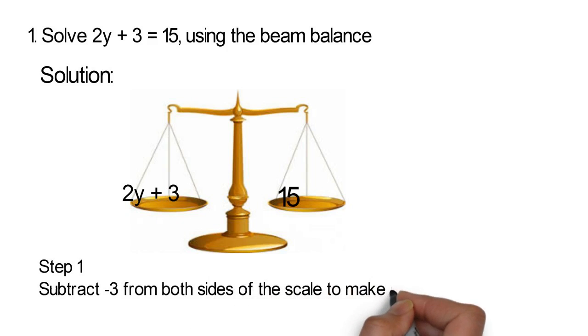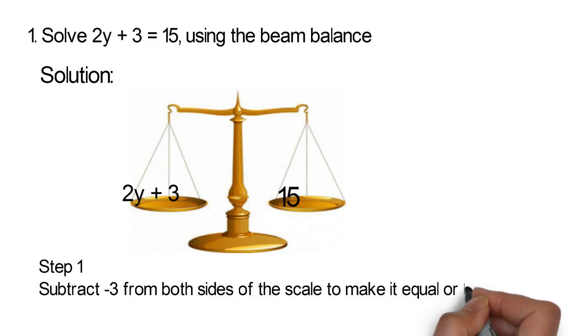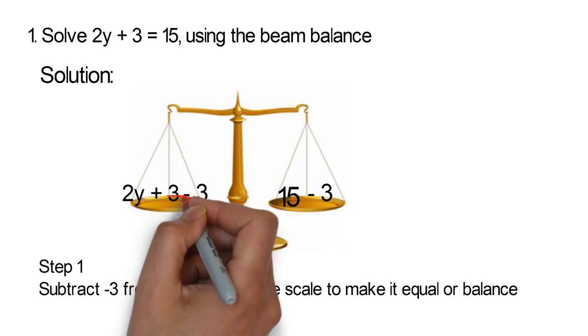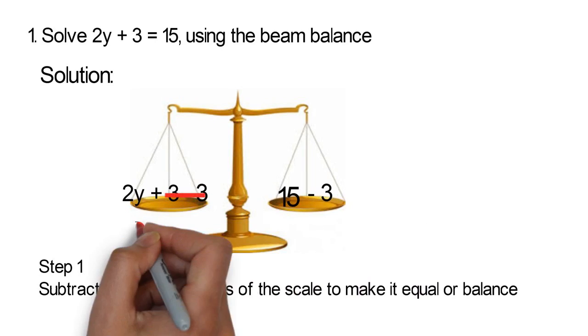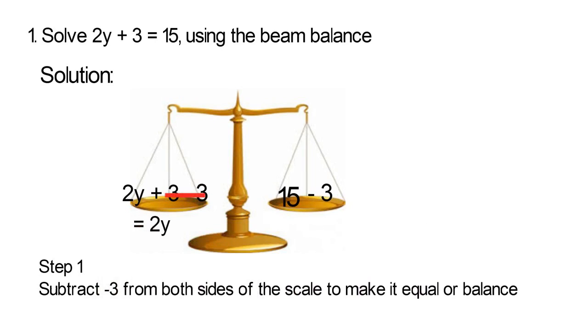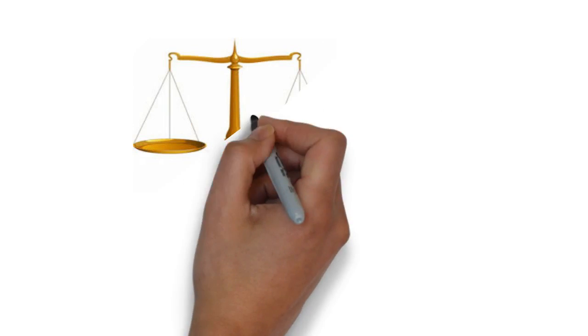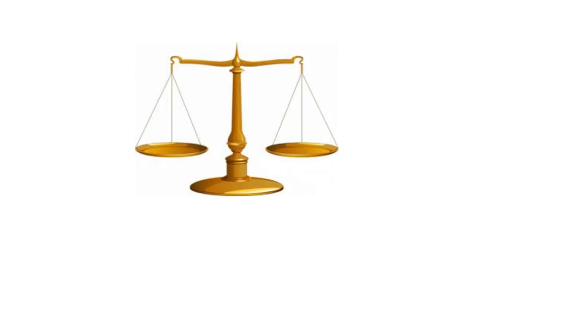So I have 2y plus 3 minus 3. On the second tray I have 15 minus 3. So plus 3 minus 3 cancels out, so I have 2y. 15 minus 3, I have 12. So I have 2y and 12 on the two trays.